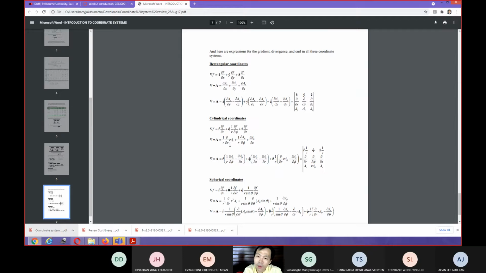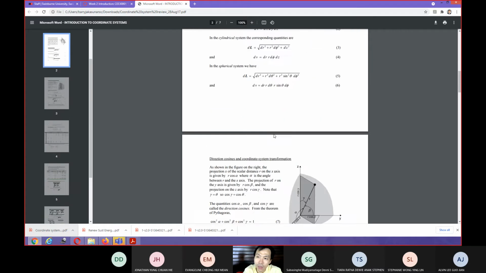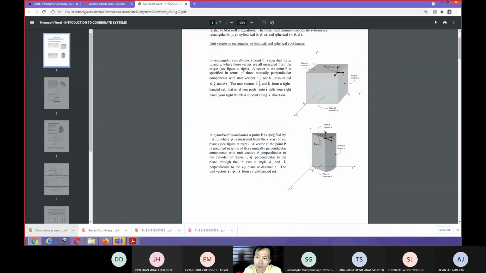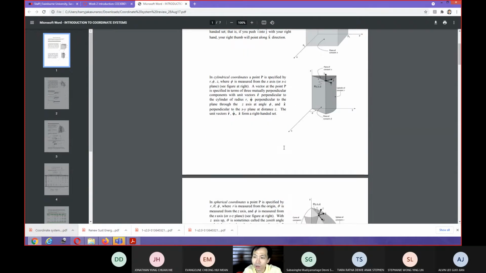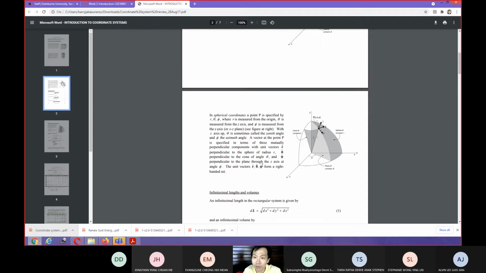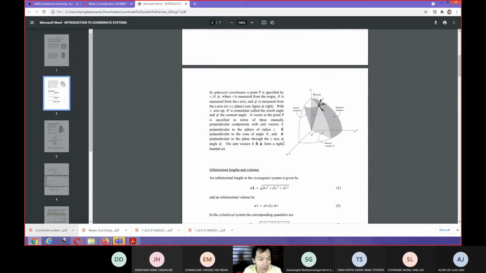For example, if you have a system like a flow through a circular tube or flow through a pipe, it will be easier for you to solve it using cylindrical coordinates rather than Cartesian coordinates. Likewise, if you have a flow surrounding a ball, for example a ball valve or something like that, and you want to figure out the velocities, then you are better off using spherical coordinates.